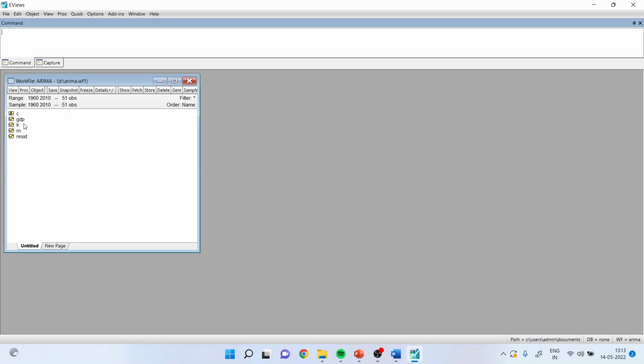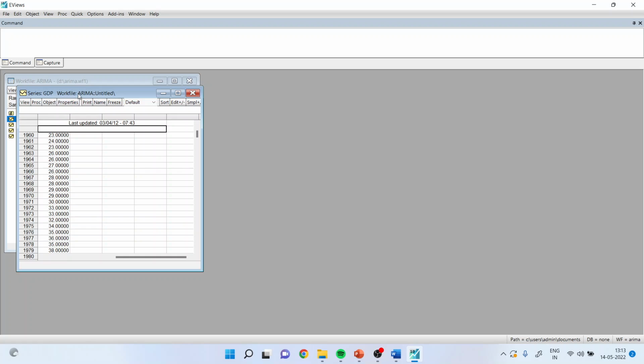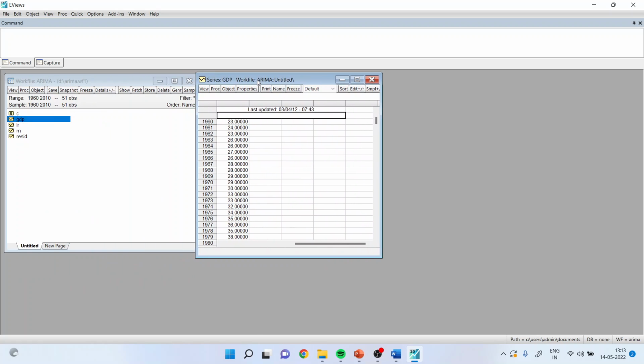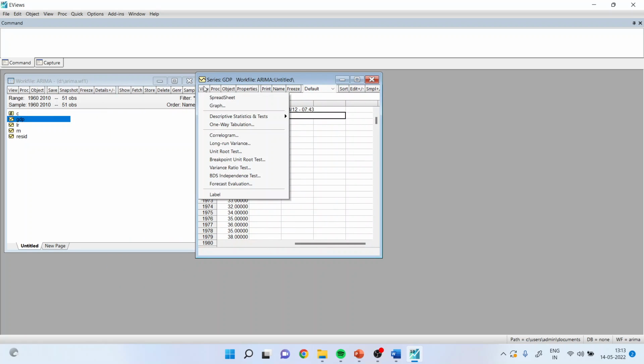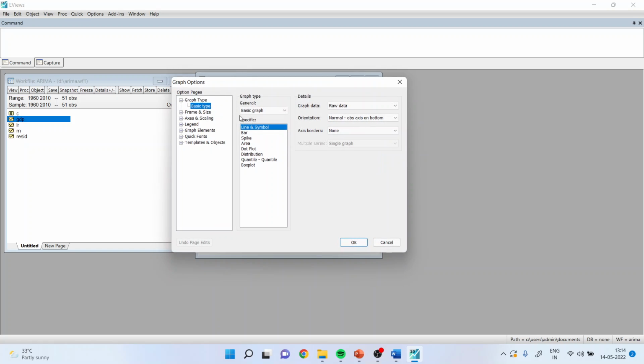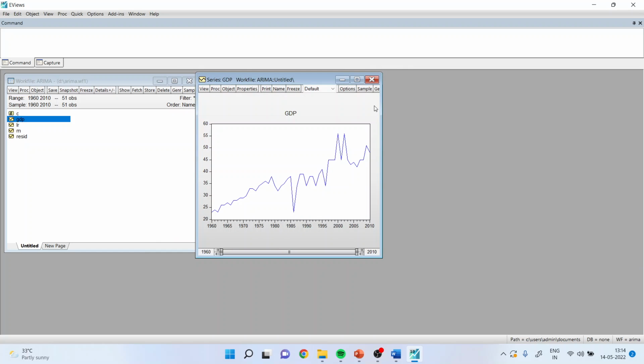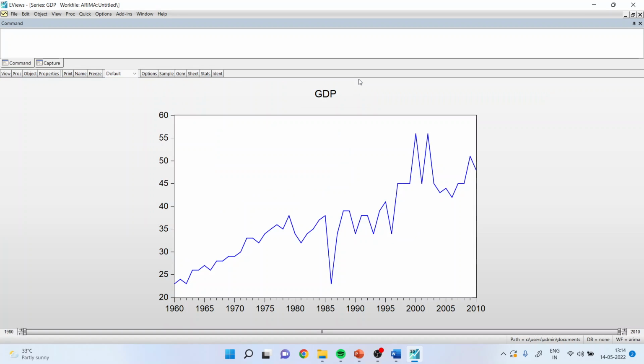Now I am having a series GDP. I double click on it, I'll get the series. Then go in View, Graph, Line and Symbol, click OK. And from here, I can get the idea that the series is having trend, constant.